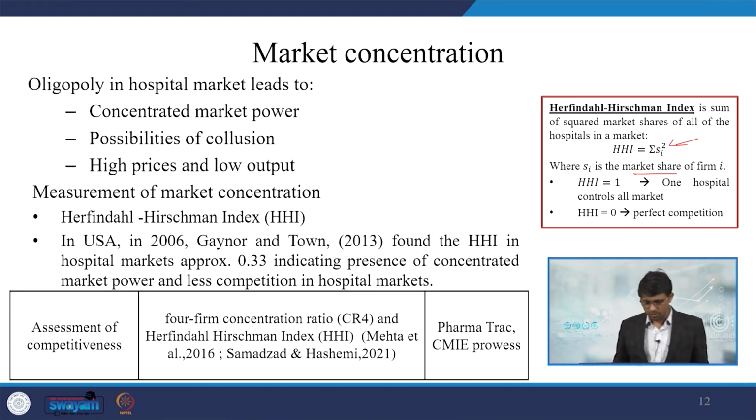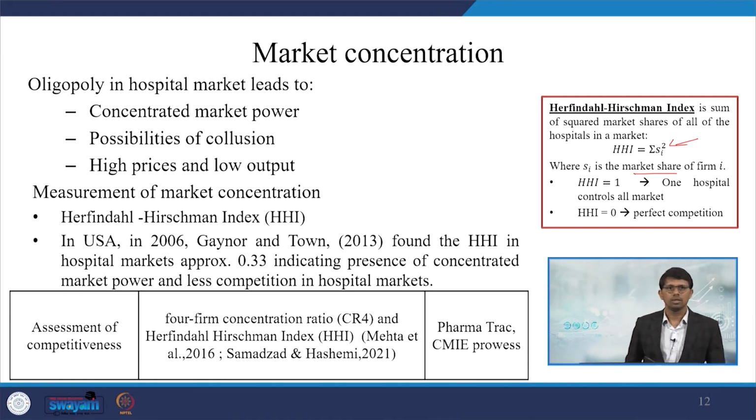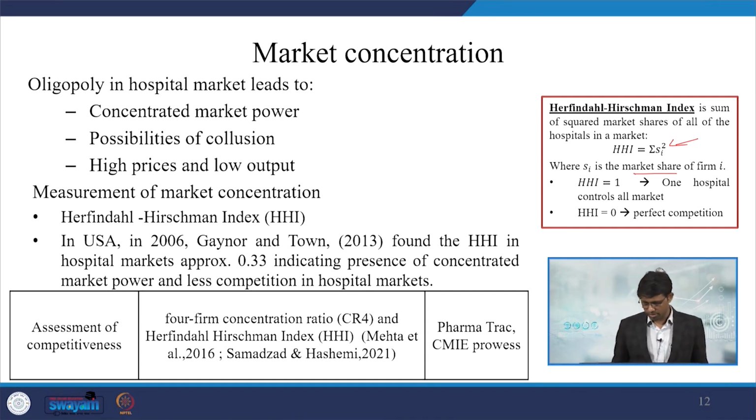This indicates some market concentration, but still the competition is there and the concentration is very limited.